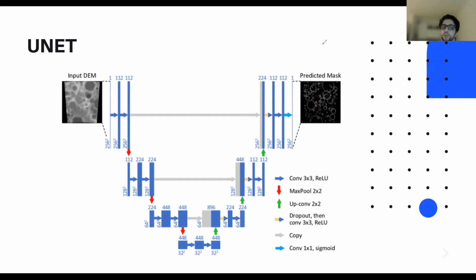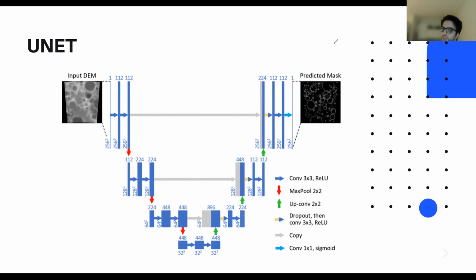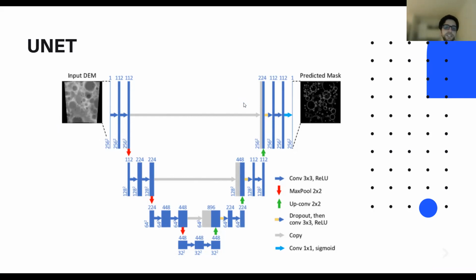So UNet combines both higher level information through this path, and of course, lower level information through these copy paths. Very simple architecture, and it does the job. It was proposed mainly for medical images, but it's still being used till now for all types of applications, and it does give the best results for semantic segmentation.